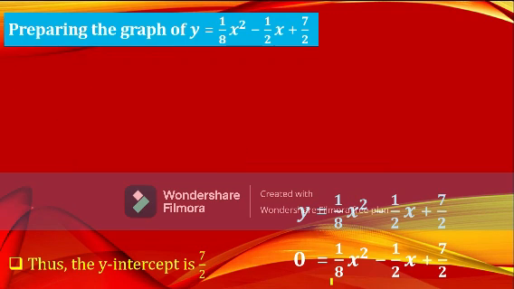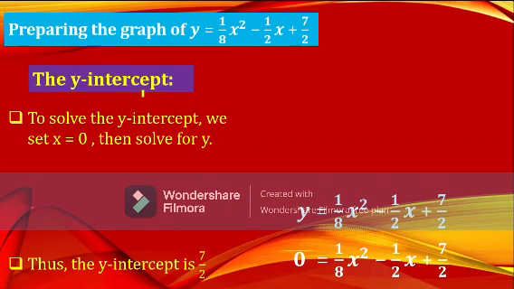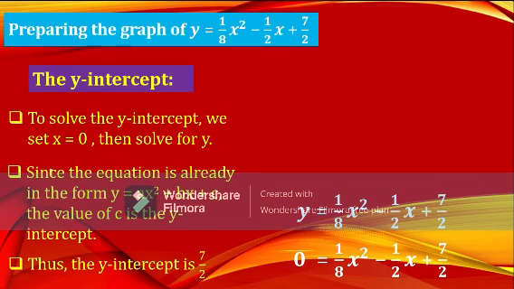So the same result in finding the value of c. So preparing the graph of y = 1/8 x² − 1/2 x + 7/2. To solve the y-intercept, we set x equal to 0, then solve for y. Since the equation is already in the form y = ax² + bx + c, the value of c is the y-intercept. Okay, the value of c is automatically the y-intercept.